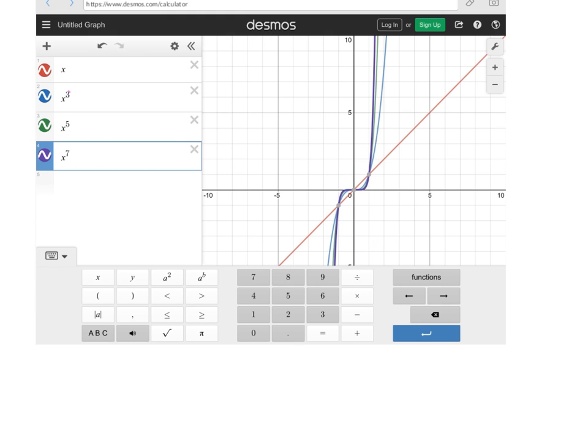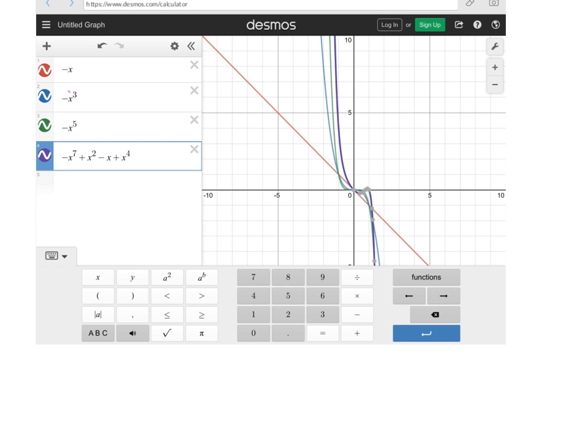Let's go ahead and now look at even degrees. Let me go ahead and get rid of each one of these graphs. Let's look at even degrees. Even degrees with positive leading coefficients: x squared, x to the 4th, x to the 6th power. As you can see, they all rise on the left and rise on the right.